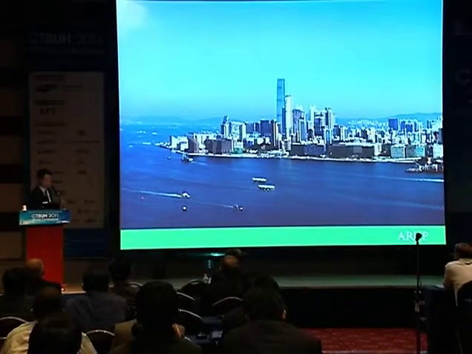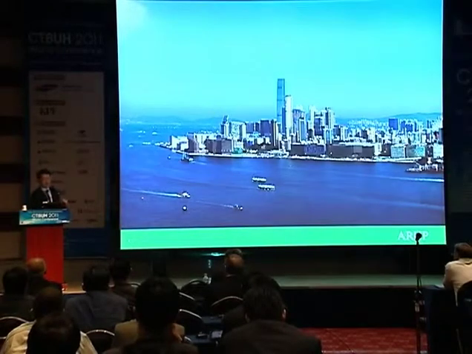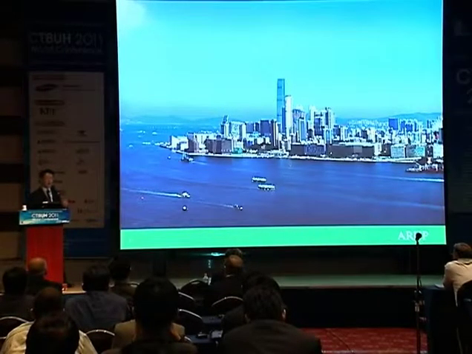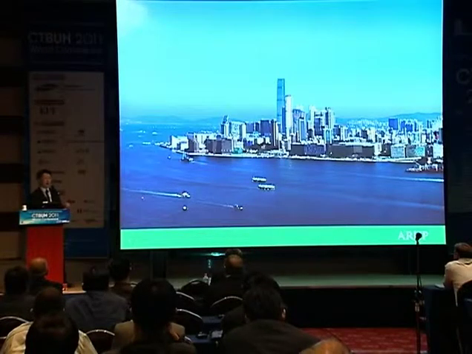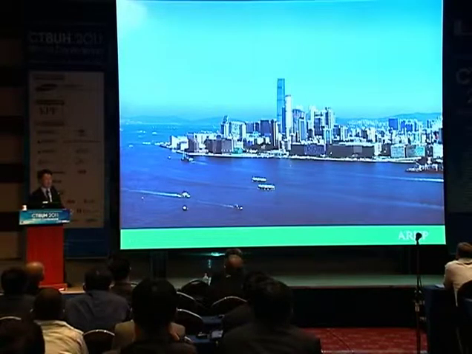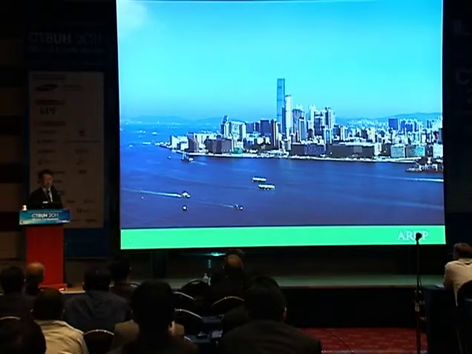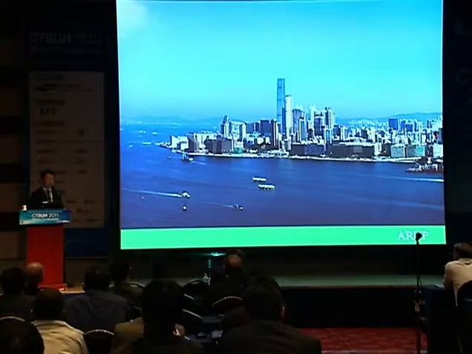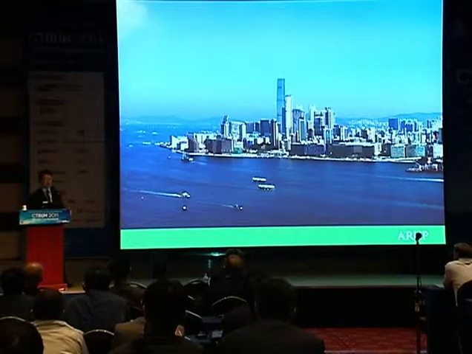What I'm going to share with you today is, first, what we have done and what we have measured. We have developed a new method to estimate the damping for the wind analysis. And I'm also going to share a comparison between the wind tunnel test result and the full-scale measurement result.